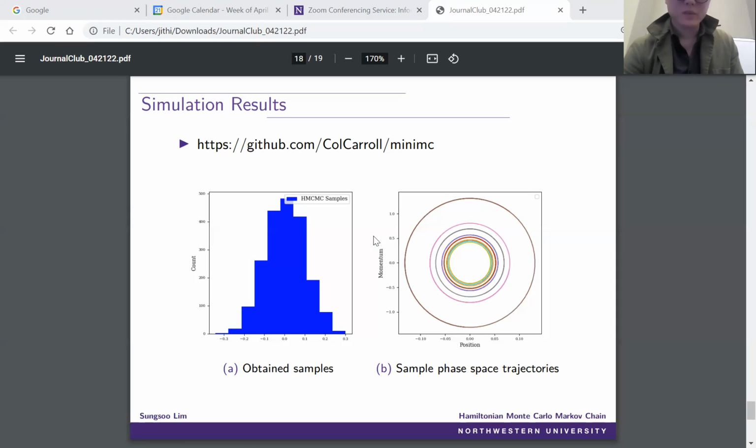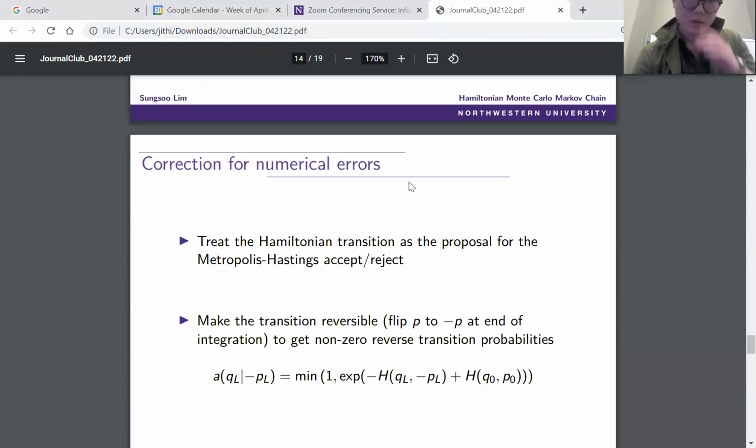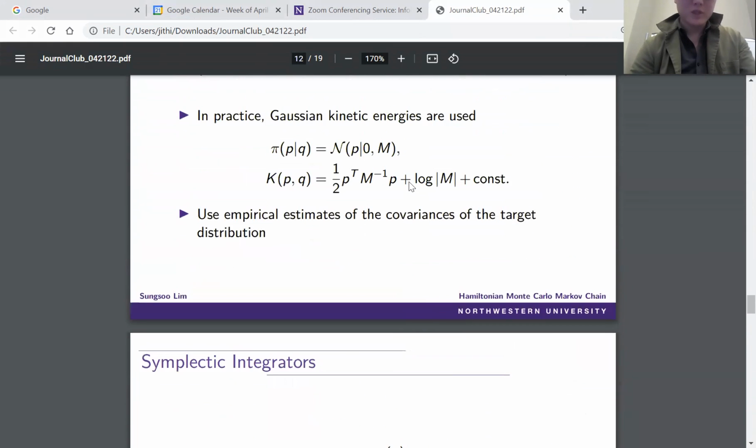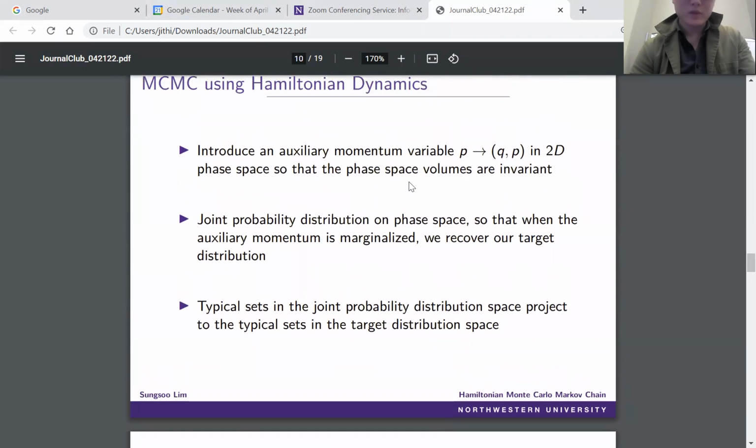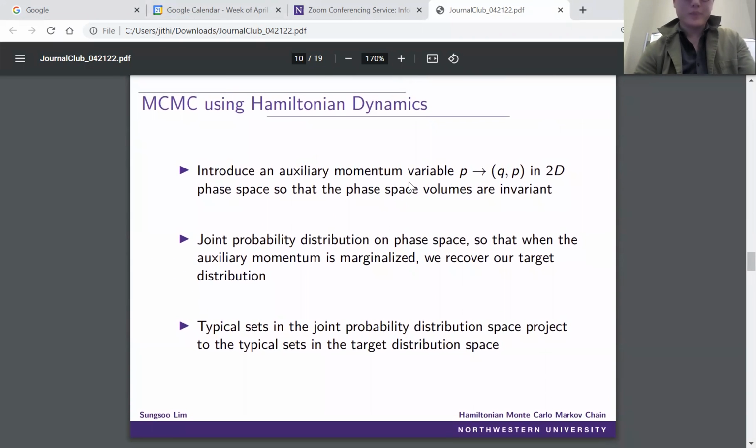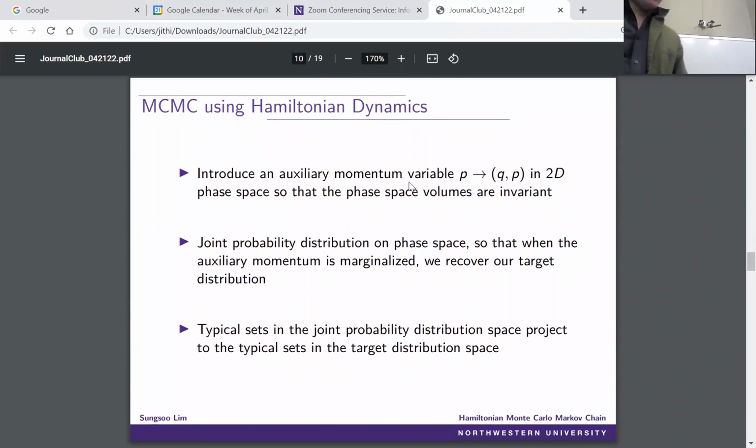The momentum. The momentum is just a variable that people introduce to make it analogous to the physical case.